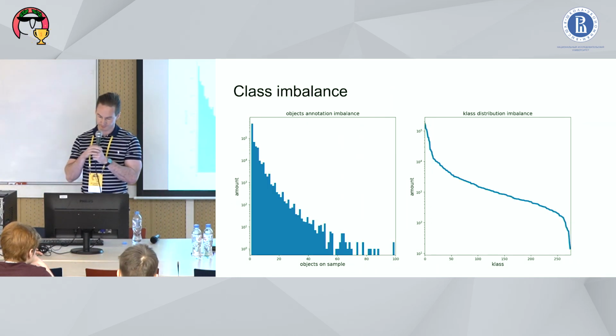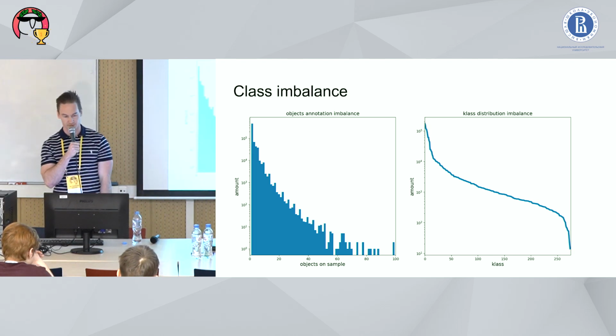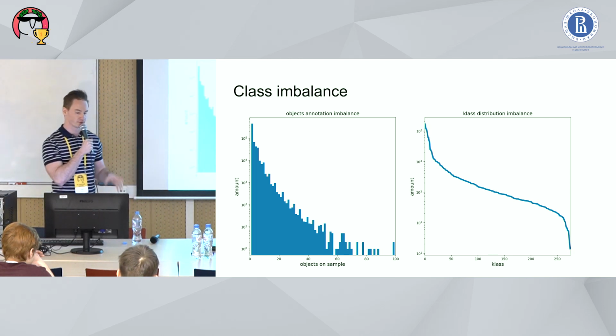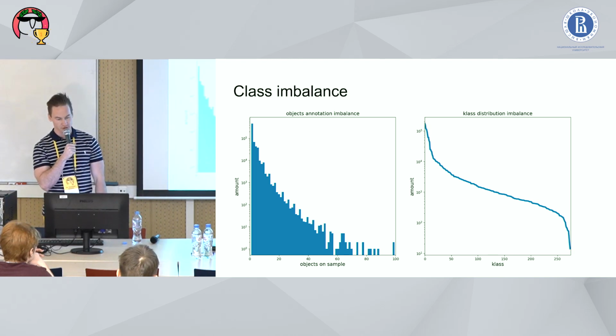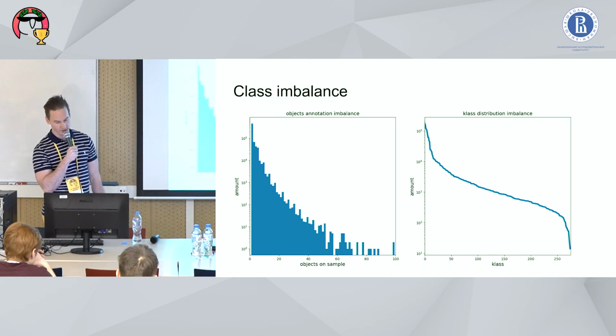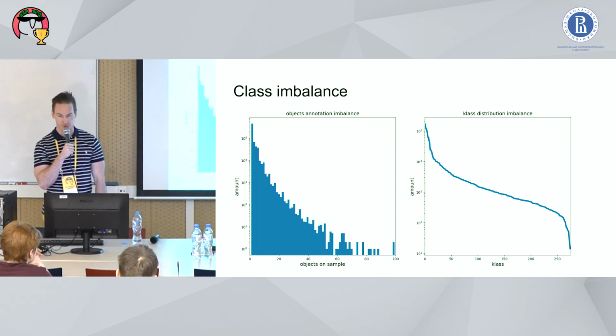The second peculiar thing about this dataset is imbalance. This is very close to real-world problems, so it has a huge imbalance. I would like to focus your attention that the y-axis is a logarithmic scale for the object amount and for the class distribution.